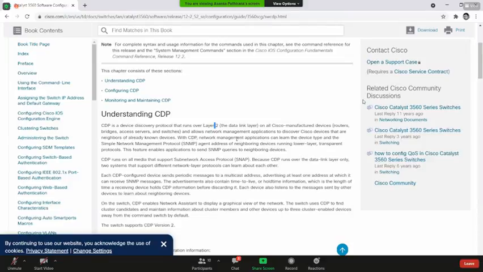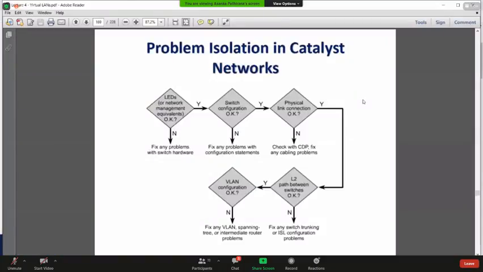With CDP, a network management application can learn the device type, the Simple Network Management Protocol agent address, and the neighboring devices running lower layer transparent protocols. This feature enables applications to send SNMP queries to neighboring devices. So that means it is functioning automatically, to assure the neighboring devices at the layer 2 level.